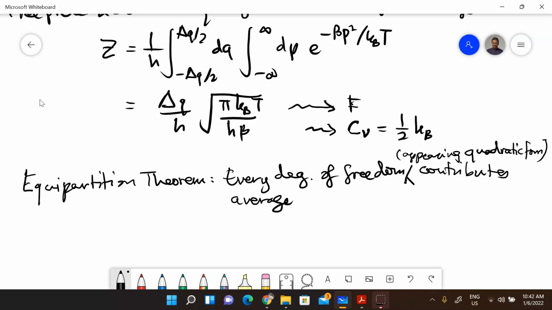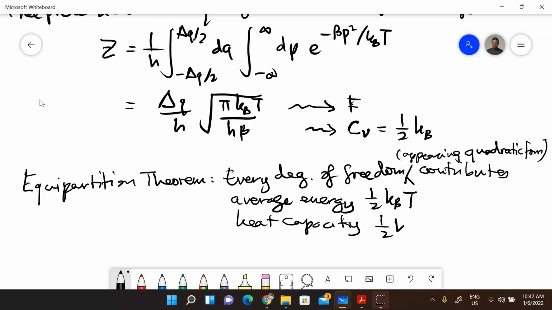Okay, contributes an average energy of half kBT and contributes to the heat capacity as half kB. So if you have both P and Q, then you have half kBT plus half kBT, and then for heat capacity half kB plus half kB.